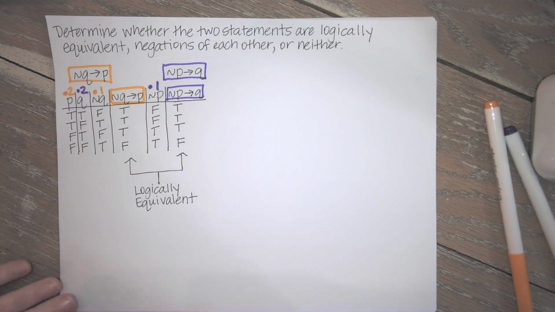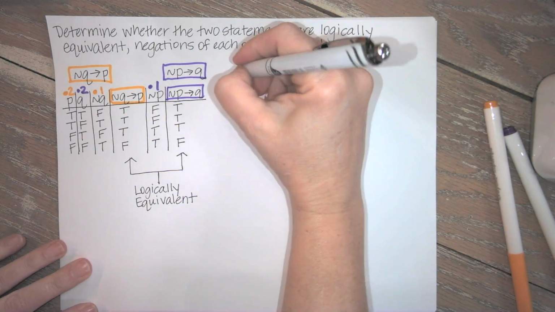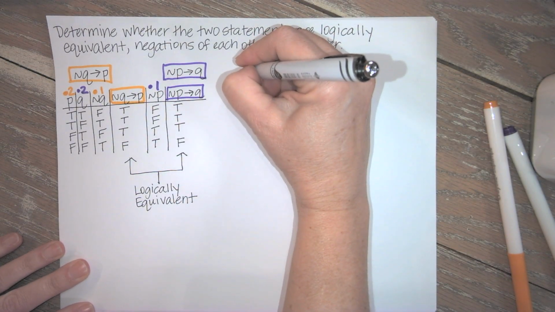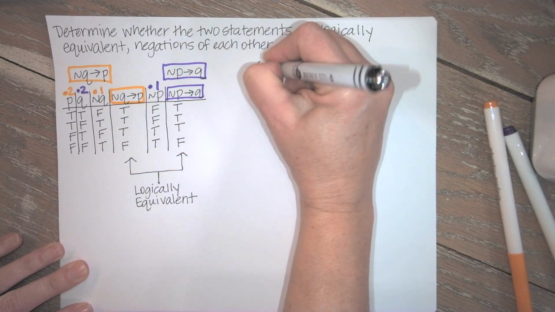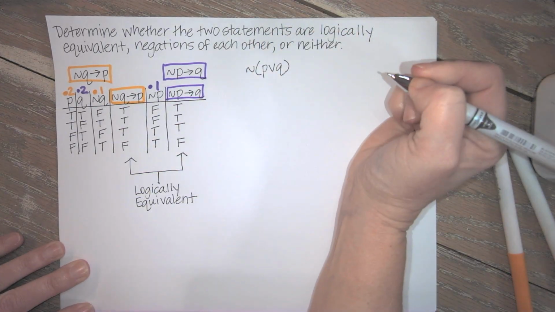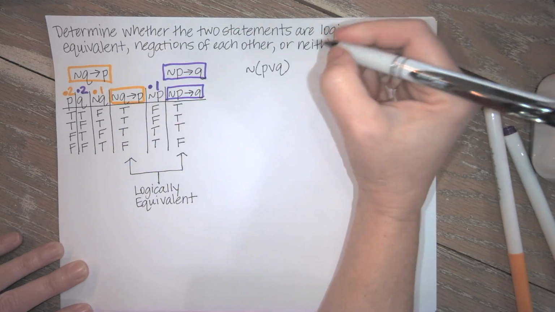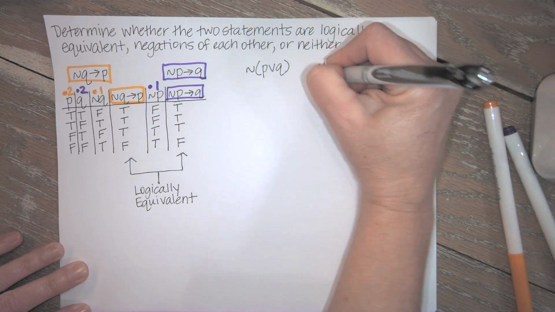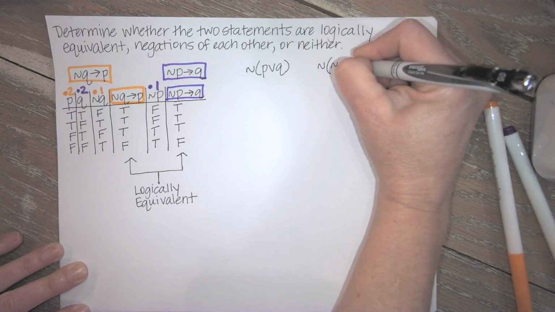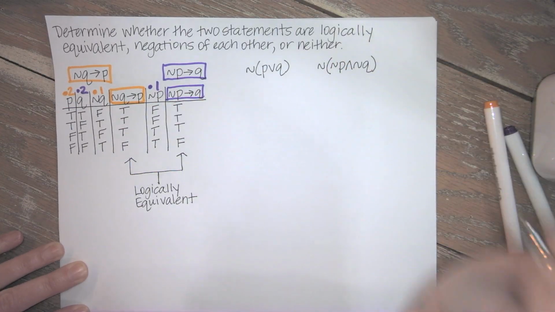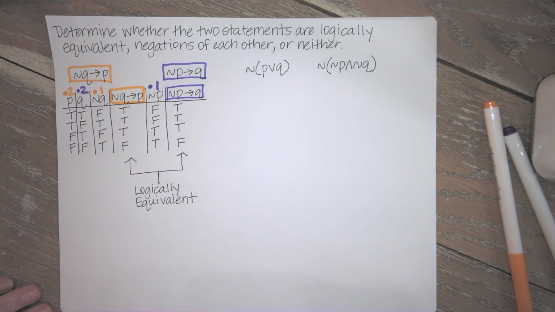Okay, let's try another one. Here, my first statement is: it is false that P or Q. And my second statement is: it is false that not P and not Q. Again, since we only have P's and Q's, we can make one truth table to cover everything.